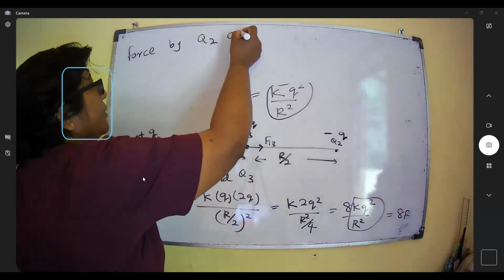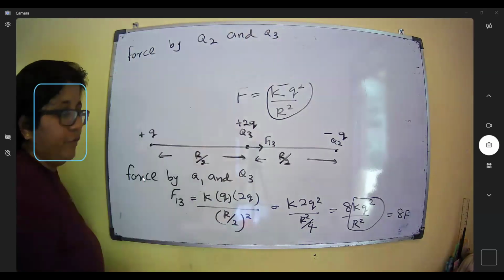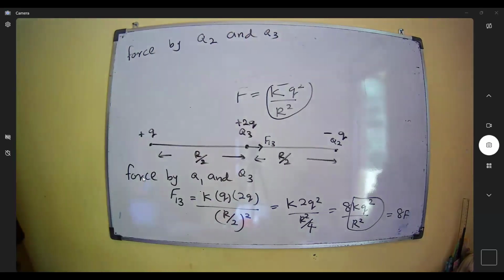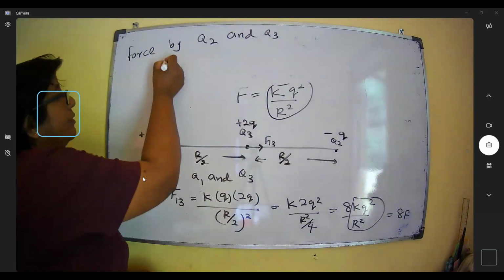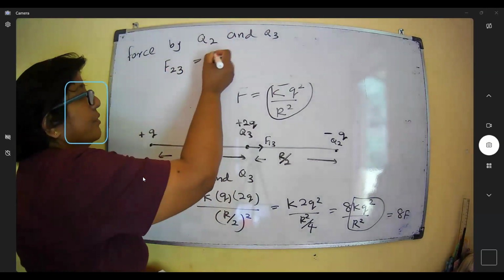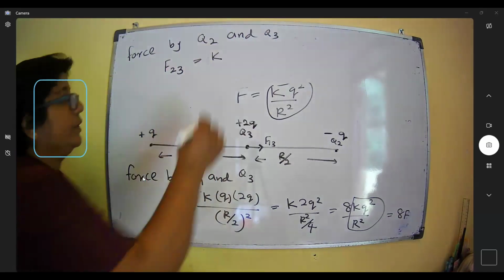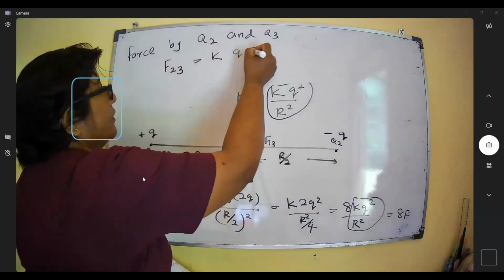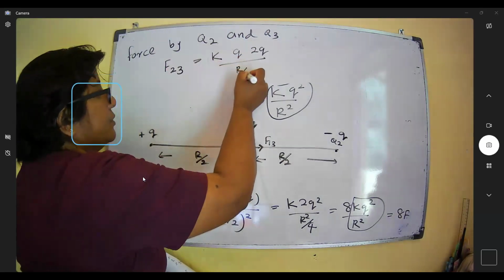Force by Q2 and Q3. Then we can write F23. It is equal to k times Q1, Q2. Q is Q. Another one, 2Q, divided by (R by 2) squared.